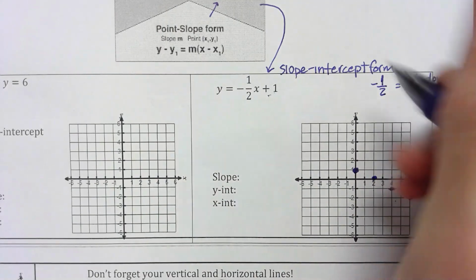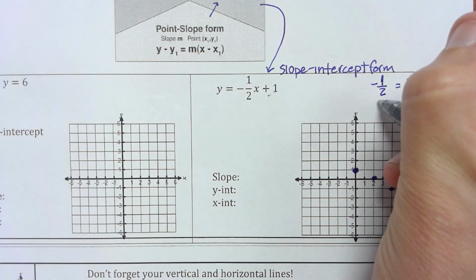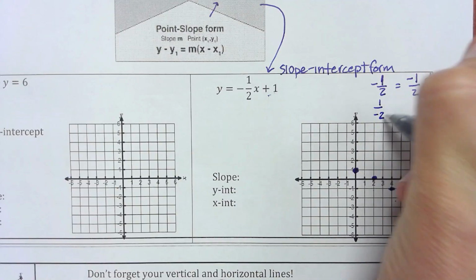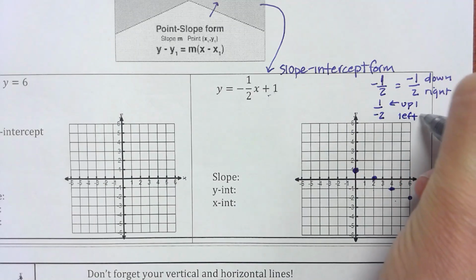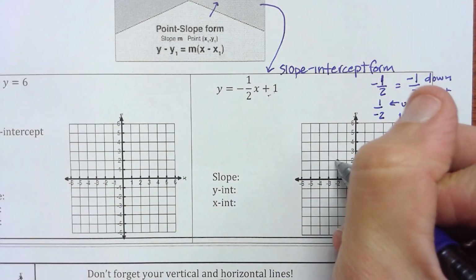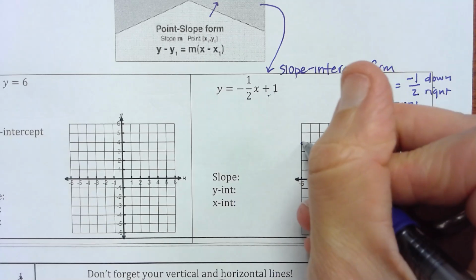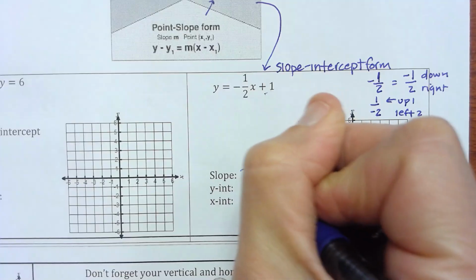It's also the same as 1 over -2, so you can also think of that as going up 1 and left 2, because it's rise over run. So go up 1 and left 2, like that. And there's my line.